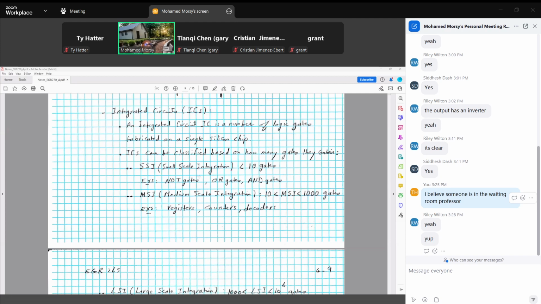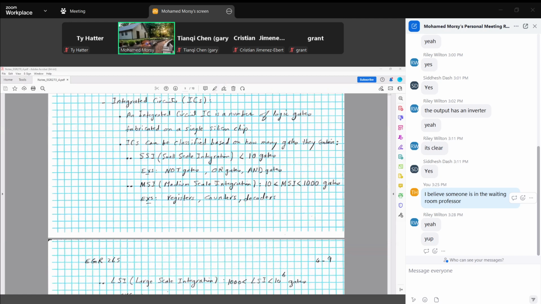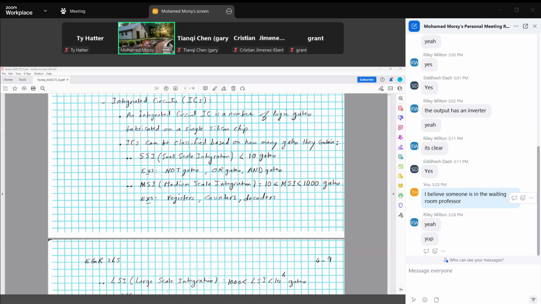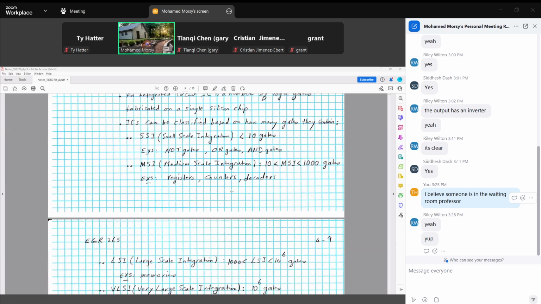For small scale integration, if the number of gates inside the IC is less than 10 gates, it's called small scale integration. Small scale, like the ICs we just talked about in the lab. NOT gate, OR gates, AND gates. Medium scale is more than 10 and less than 1,000 gates.